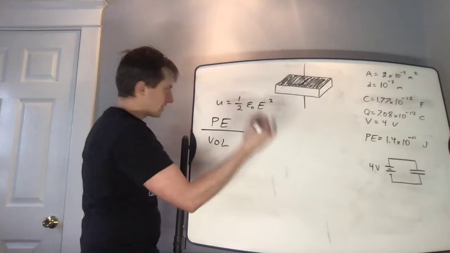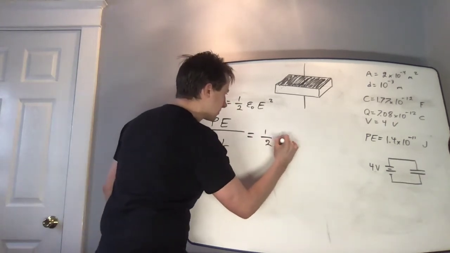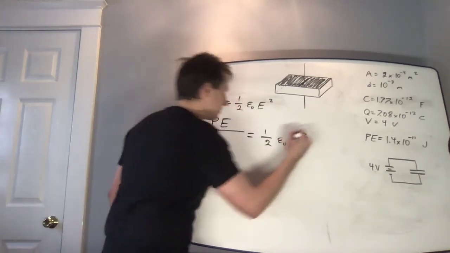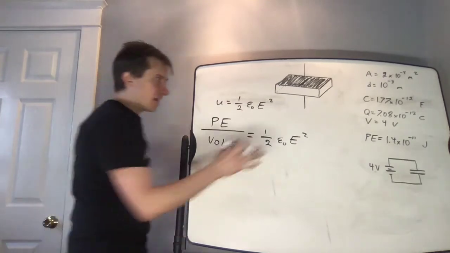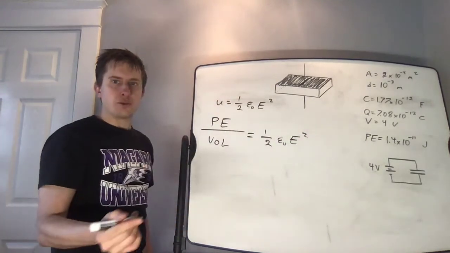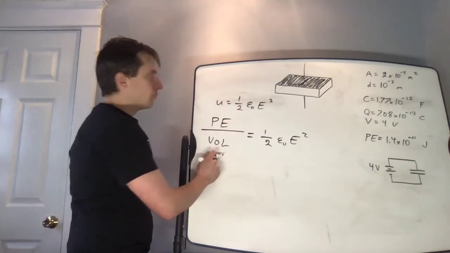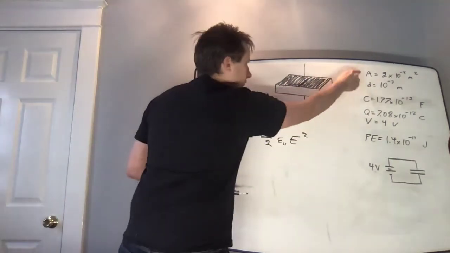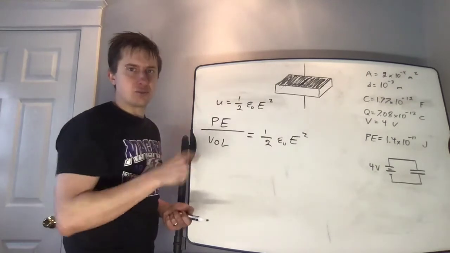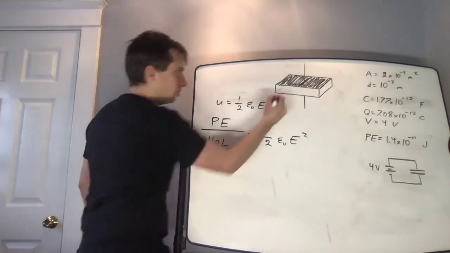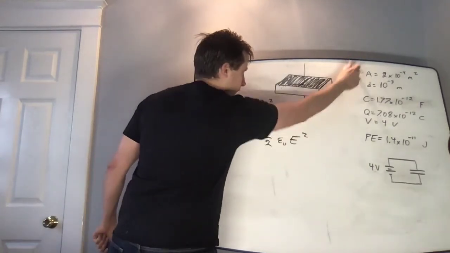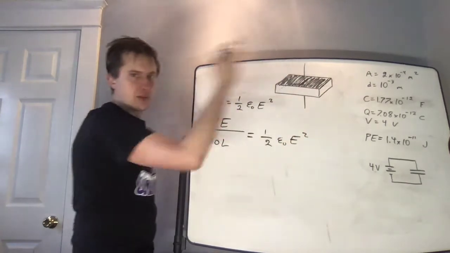And then I could set that equal to 1/2 epsilon naught E squared. The energy stored by the capacitor we found was 1.4 times 10 to the negative 11 joules. And the volume between the plates will be the area of the plates times the distance between the plates. That would essentially be length times width for the area, times height, being D.